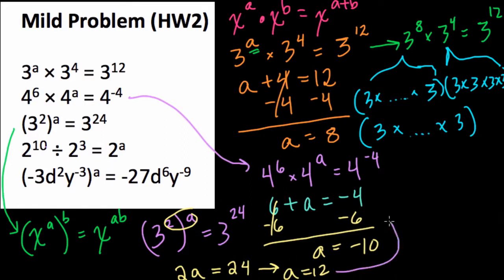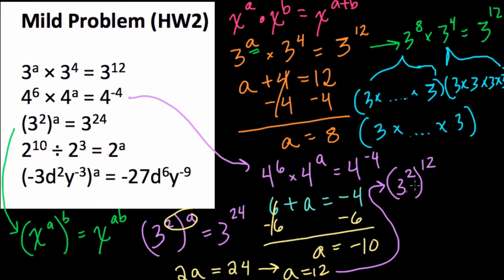This idea is just showing that when you raise a power to a power, you're just repeating the multiplication of the same base to some power over and over again. So in this case, we have 3 squared to the 12th power. What does that mean?